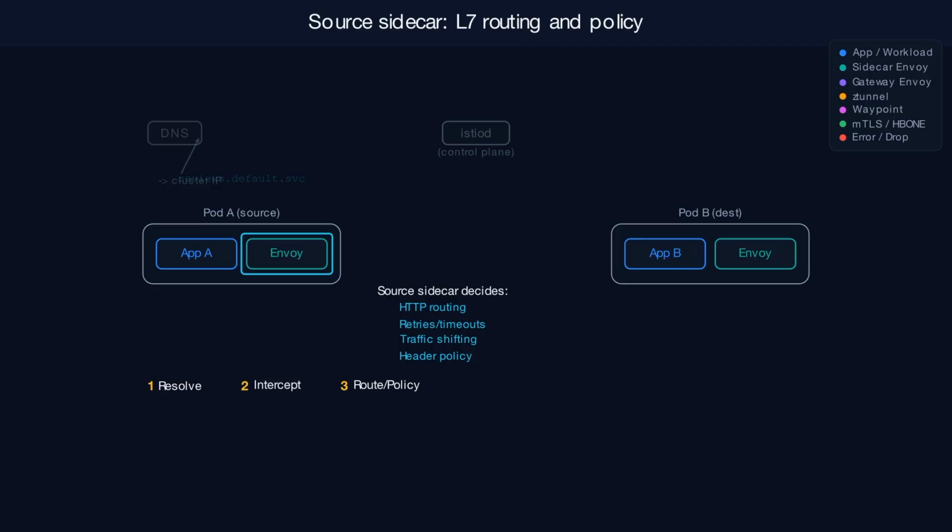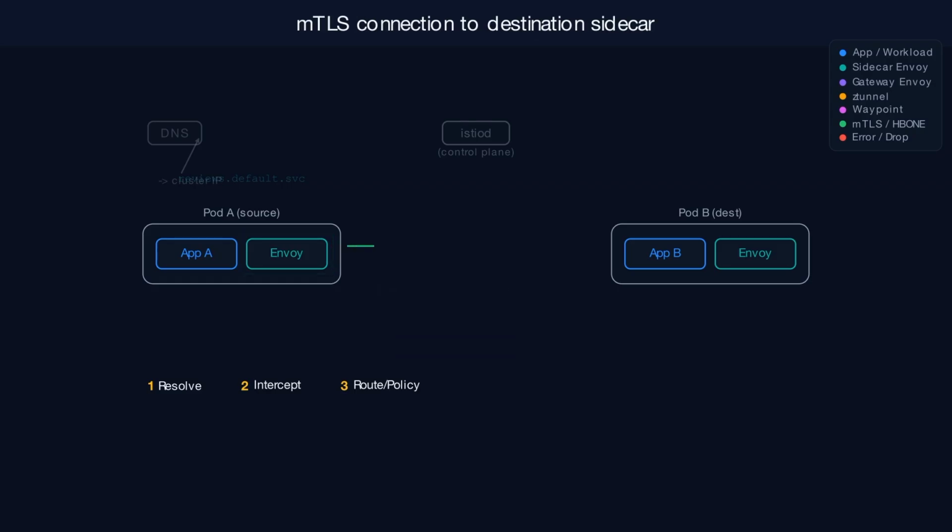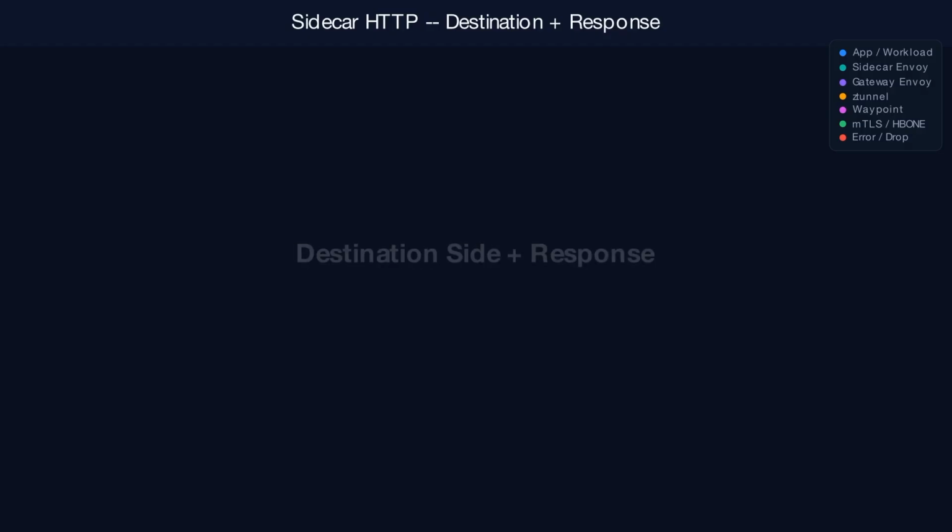Now the source sidecar receives the outbound request. This is where Istio's Layer 7 intelligence becomes powerful. The sidecar evaluates HTTP routing rules, retries, timeouts, traffic shifting, and policy decisions based on host, path, and headers, all driven by your Istio configuration pushed from Istiod.